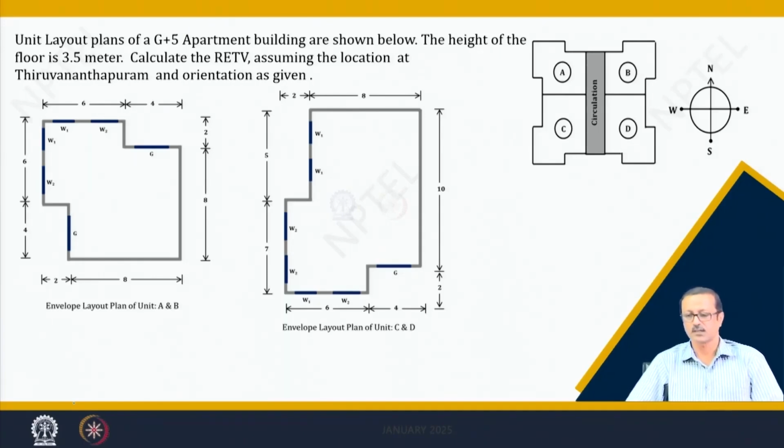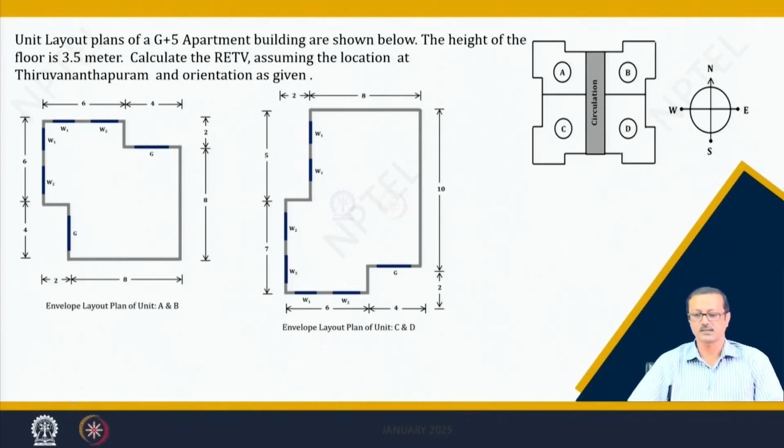At the right hand corner figure, I have shown the layout positions. The smaller apartment units A and B are in the northern direction, and the larger apartments, units C and D, are in the southern direction.